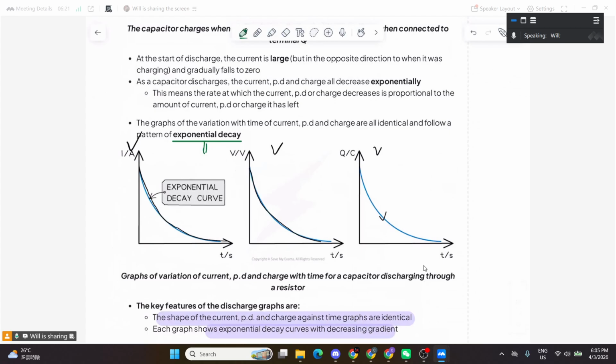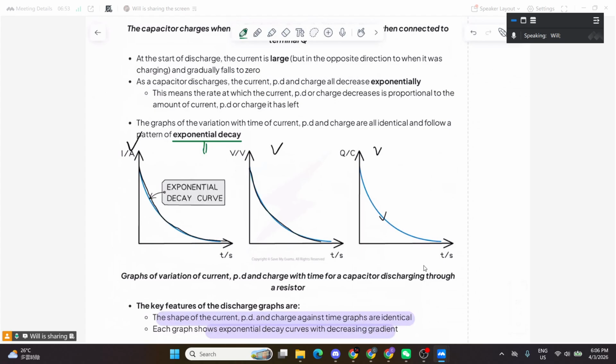Why do the three graphs all show exponential decay? Think about it. Because it's discharging, the voltage will decrease and the charge will decrease, so the shape is approximately exponential decay.